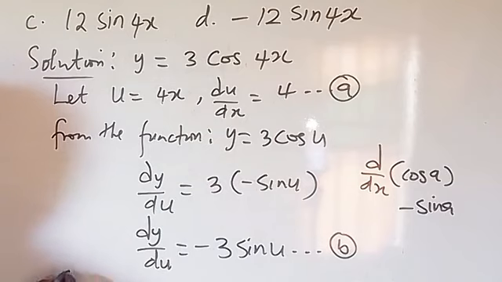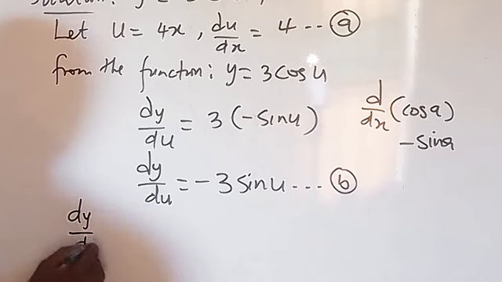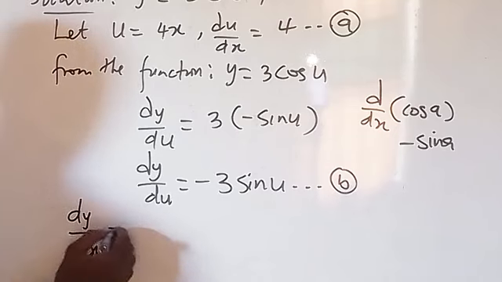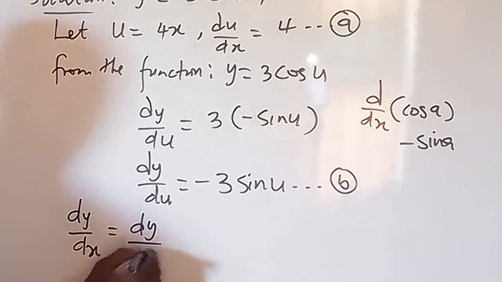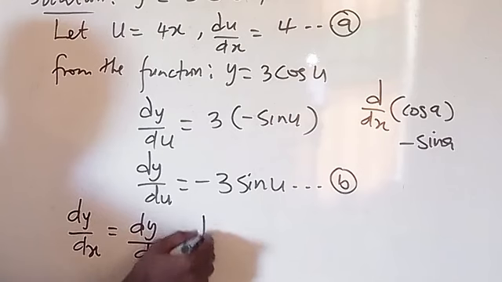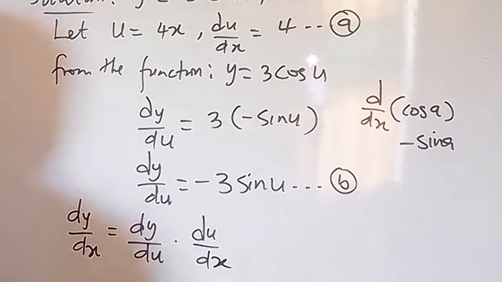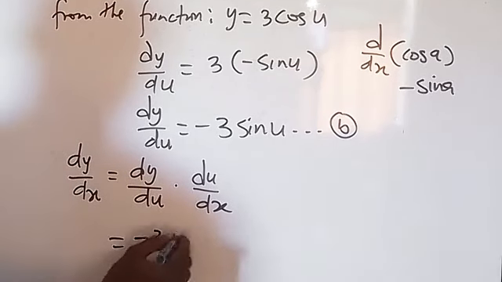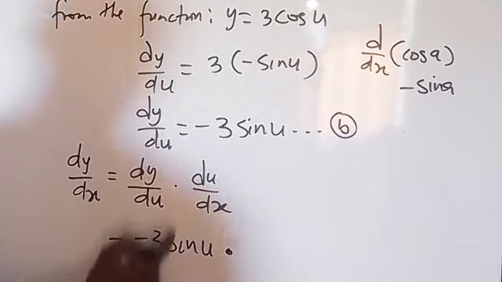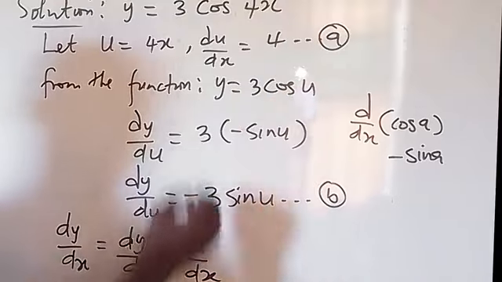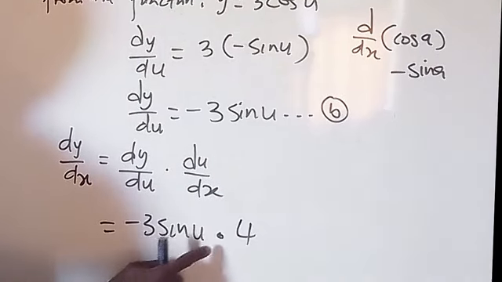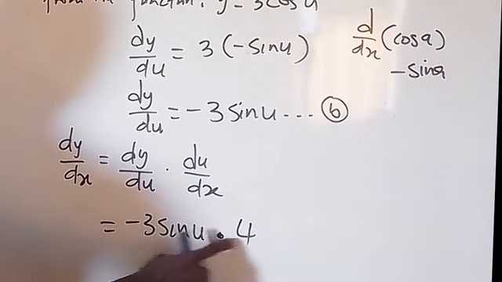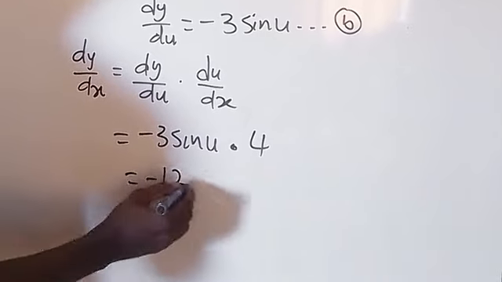We're going to put it in the chain rule: dy dx is the same thing as dy over du, multiplied by du over dx. Are you following? So dy du is minus 3 sine u, multiplied by du dx, which is 4. Now 4 times 3, you're going to have minus 12 sine u.